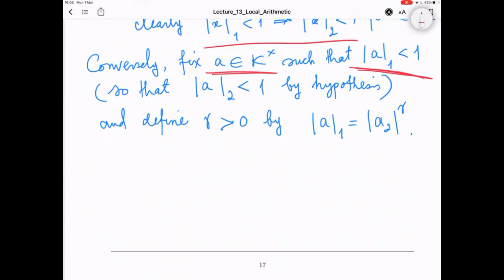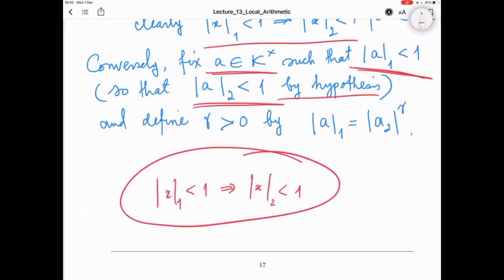So what do we have by hypothesis? The second norm of A is also strictly less than 1 by hypothesis, because norm 1 of x less than 1 implies norm 2 of x strictly less than 1, right? This is the hypothesis now.